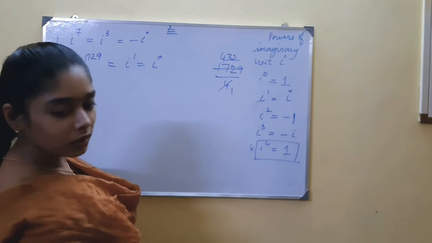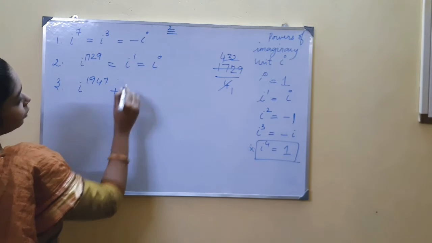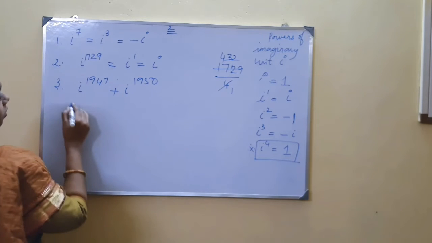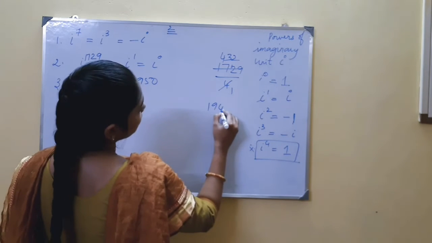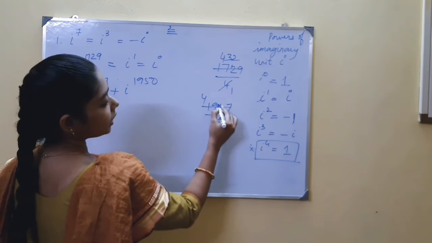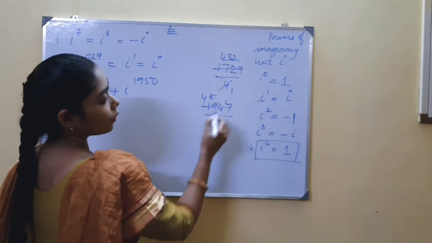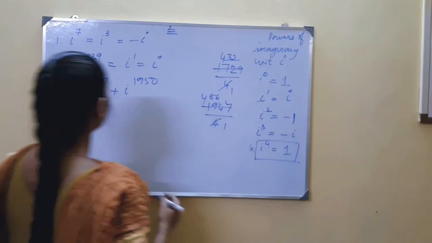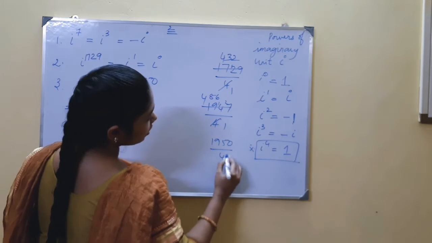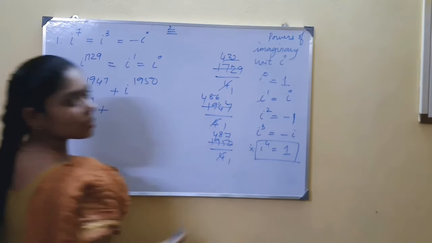Now third problem, i to the power 1947 plus i to the power 1950. 1947 divided by 4, the remainder will be 3. i to the power 3 plus, if you divide 1950 by 4, the remainder is 2.